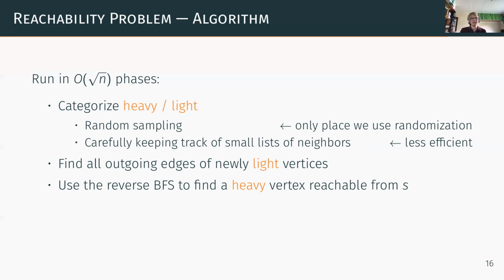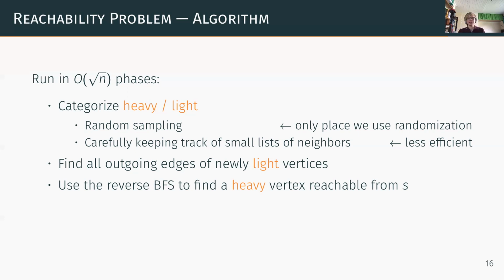However, in the deterministic case, we can no longer use this sampling idea. Instead, we carefully keep track of a small list of neighbors for each vertex, which we keep updating between phases, and use some amortized analysis to show that this still leads to a subquadratic algorithm, although this is less efficient than the randomized sampling approach.